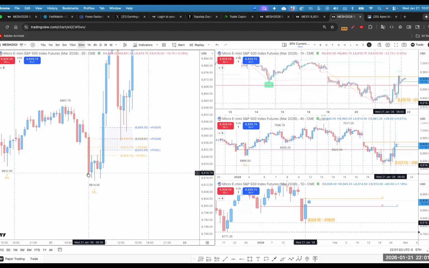And the psychological part of this is the market makers. The market makers are the people driving the price up and down, right? They need us as retail traders to add money into the market, right?